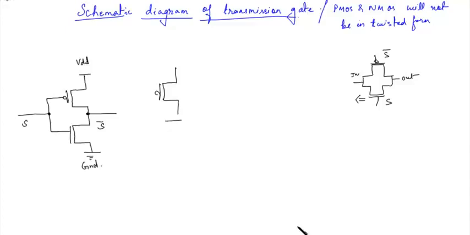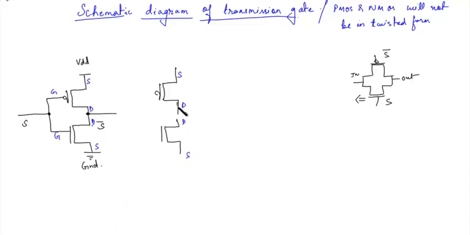Undo this. It will be this. So if we label this, it is source, drain, source, gate and gate. Similarly, this is source, drain and source.